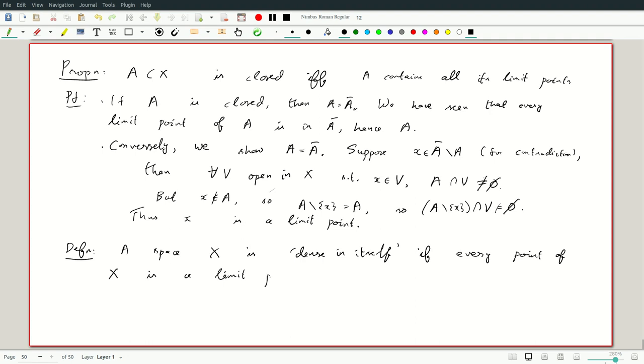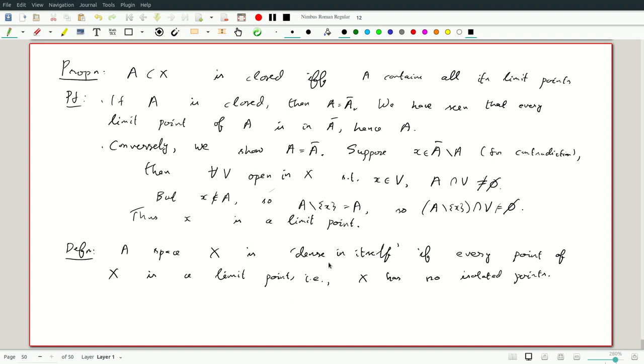So this is saying that if I take any point, equivalently, X has no isolated points. Now in this context, the example that I mentioned earlier should become a bit clearer. So dense in itself sets are nice, and if you add in certain other properties, they almost get characterized. In special cases, if they're totally disconnected, as we will see, and they're dense in itself, they get characterized nicely.